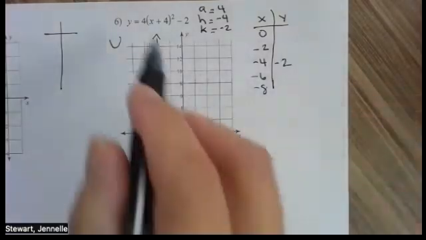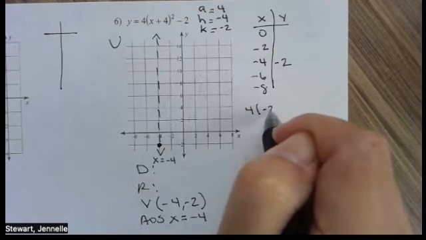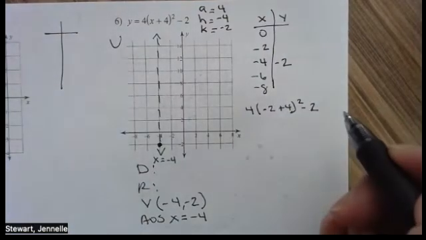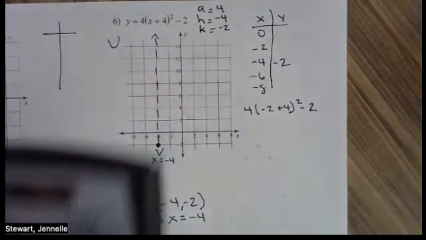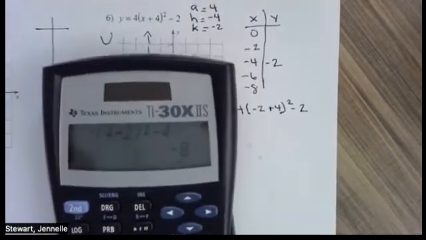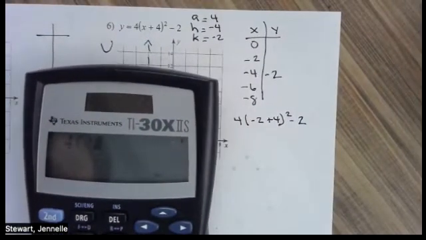So let's plug in negative 2 into our formula. This is what we have our calculators for. 4 times negative 2 plus 4, quantity squared, minus 2. Let me show it to you on the calculator. Now it's a little hard to see. 4 times negative 2 plus 4 squared minus 2.